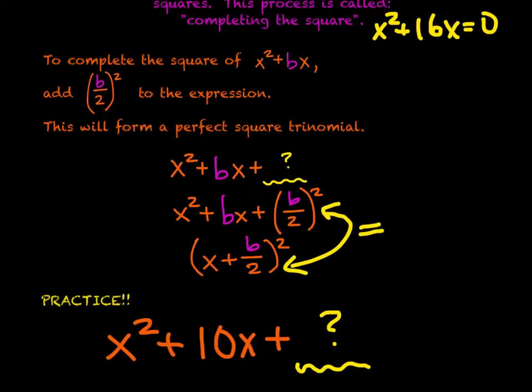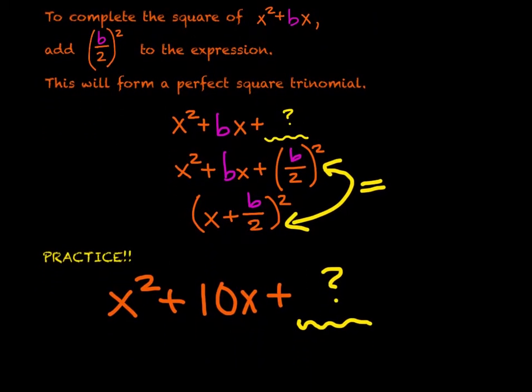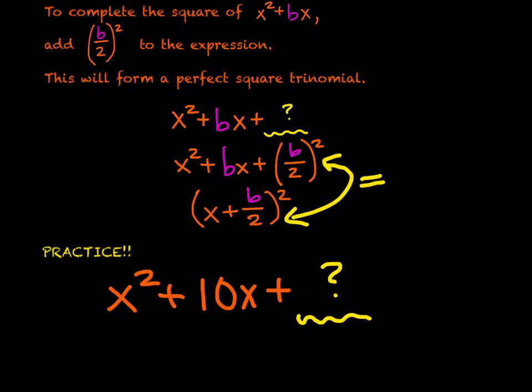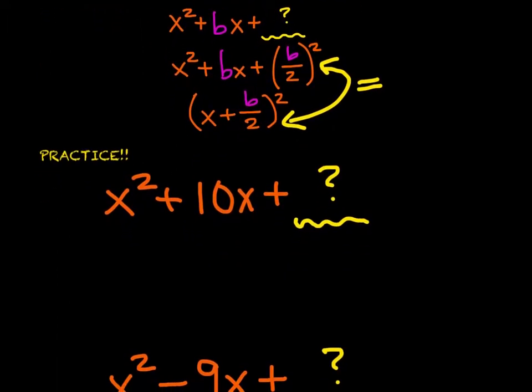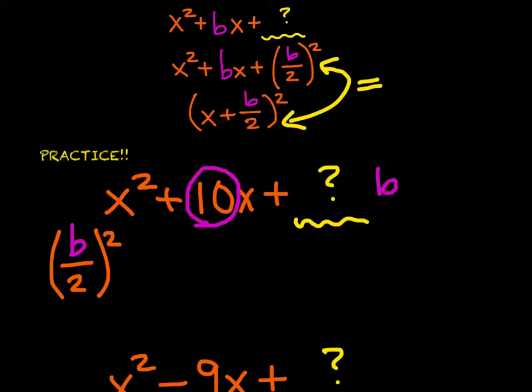So now let's try a couple of problems with this concept. Our first practice problem: we have x squared plus 10x plus something we don't know. So we need to create that perfect square trinomial. Looking at what we had before, our equation is b divided by 2, squared, so we need to identify our b term. Our b term is equal to 10 in this case.